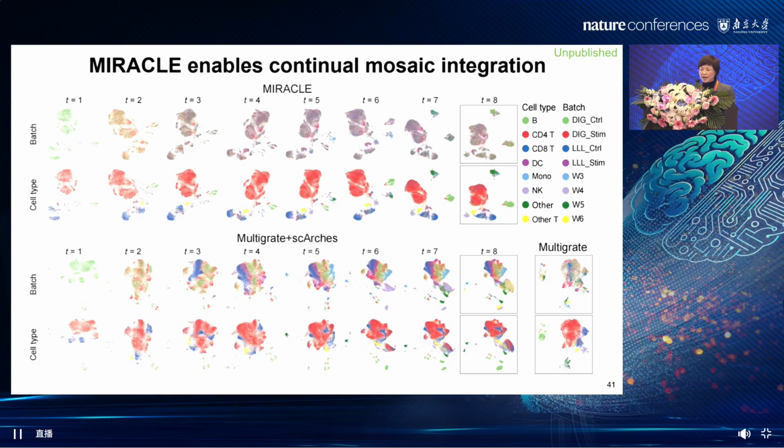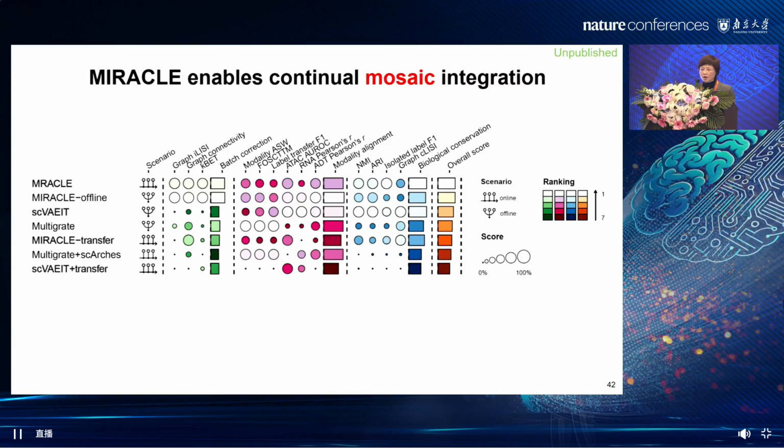In contrast, adapting other mosaic methods like MultiGrade using standard transfer learning leads to significant performance degradation and failure to integrate properly as more batches arrive. Quantitative comparison confirms Miracle achieves the highest overall performance in online mosaic integration, substantially outperforming competitors and performing comparably to its offline counterpart.